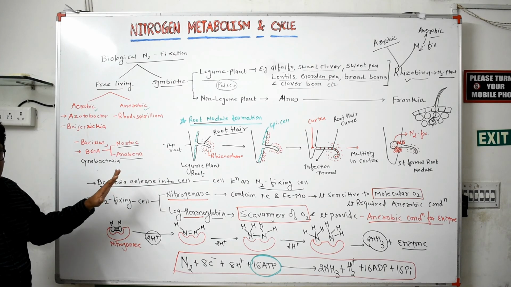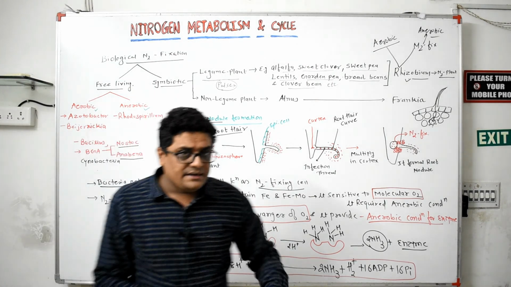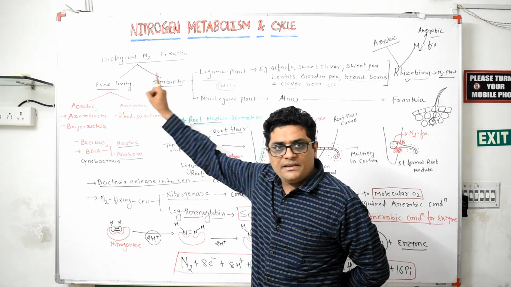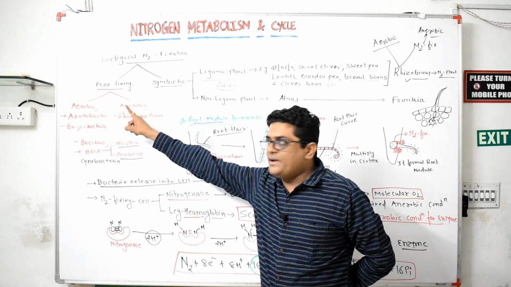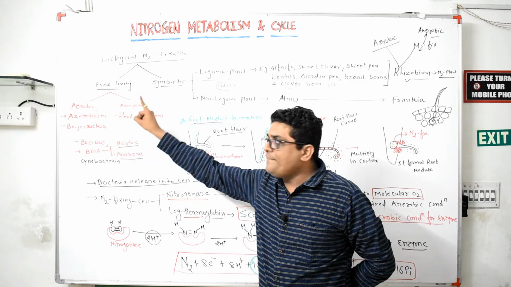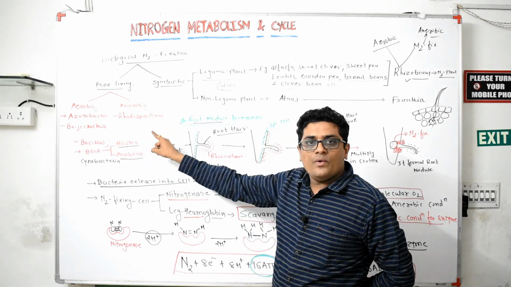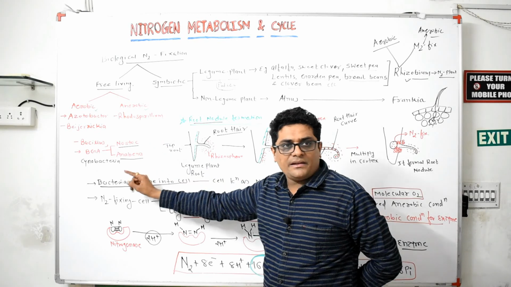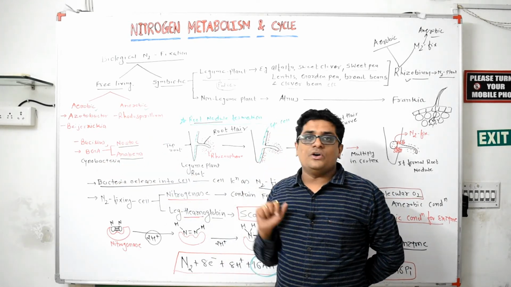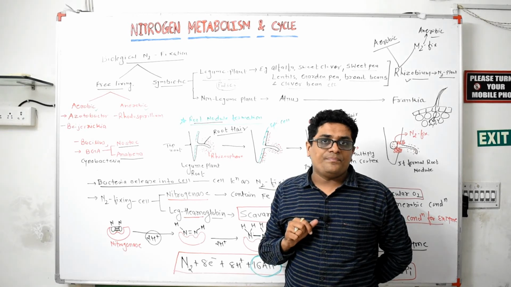Clear? Okay. Let us discuss again biological nitrogen fixation: free living bacteria and symbiotic bacteria. In the free living bacteria, aerobic ones are Azotobacter and Beijerinckia, and anaerobic ones require Rhodospirillum. Other bacteria are Bacillus and the blue-green algae, that is Nostoc and Anabaena.